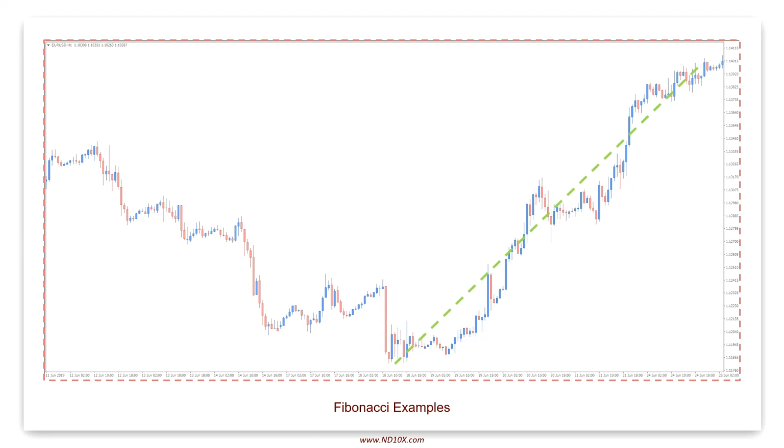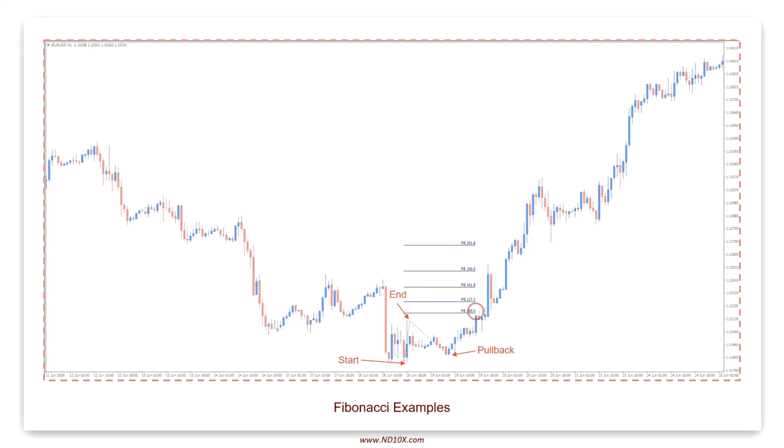Let's see here. We have a strong uptrend, and if we start drawing just from the beginning of that uptrend, we are first of all comparing from the start to end of that first spike higher and putting that final line at the pullback.